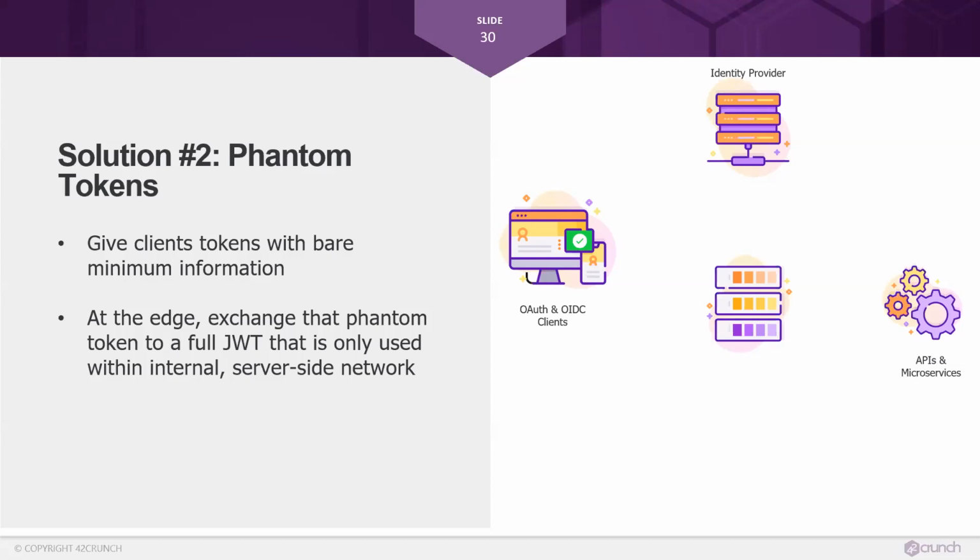When a request comes in, you exchange this opaque token for the corresponding JWT token, and then pass the request with the JWT token to the rest of your infrastructure.